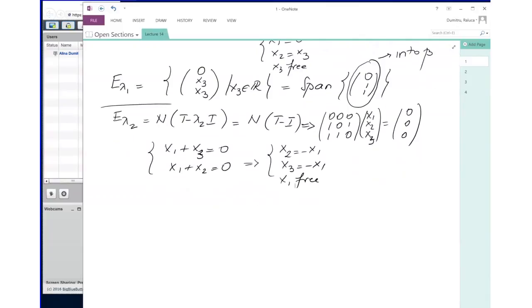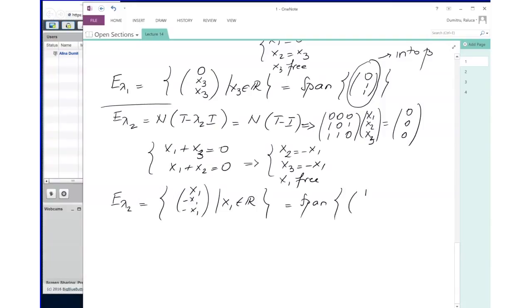Okay, like this. So E lambda 2 is the set of vectors that look like this. So it is the span of this vector, 1, negative 1, negative 1, and this will go again into beta as your second vector. Okay, keep going, one more to go.